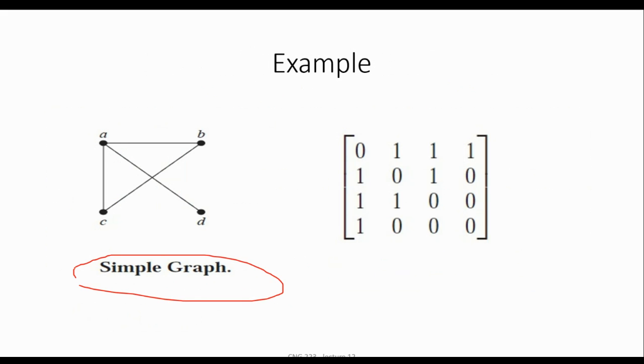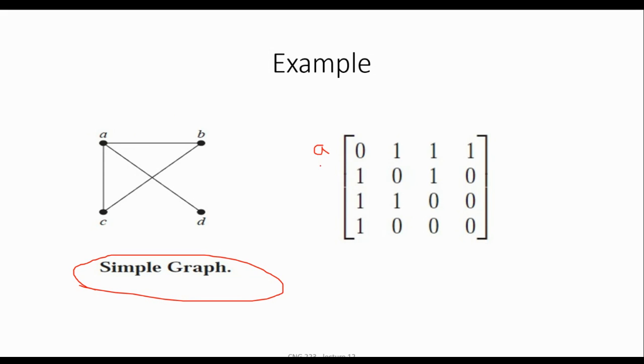Now here for the simple graph, this is a simple graph because it doesn't have any loop. For each vertex, we can say that they are connected with not more than one edge. So this is a simple graph.